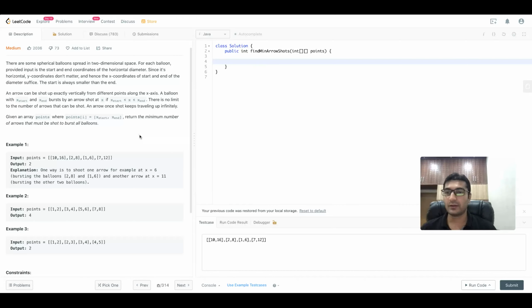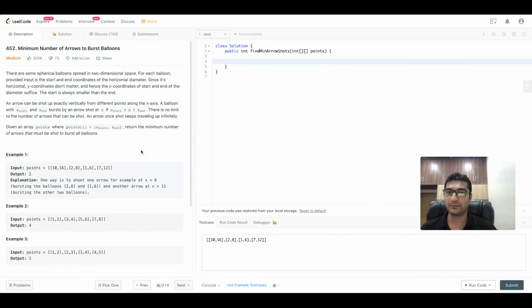So we can solve this question by sorting this array first on the basis of the starting coordinate, and after sorting it, we'll iterate through each and every interval, and we'll see if the start coordinate is greater than the end coordinate, then all the subsequent intervals will not have an overlapping interval with the current interval.